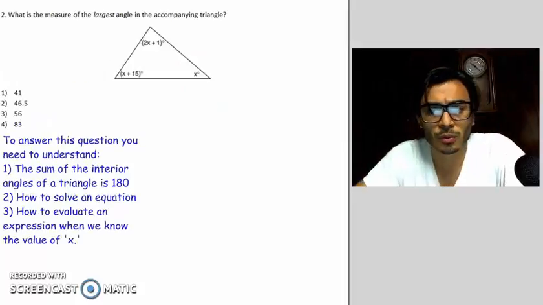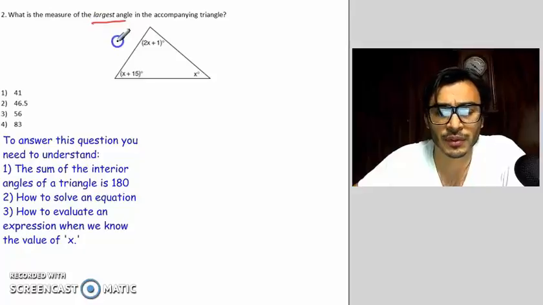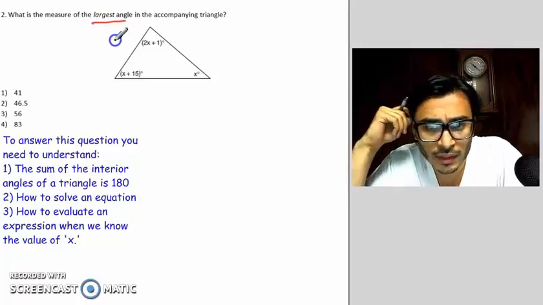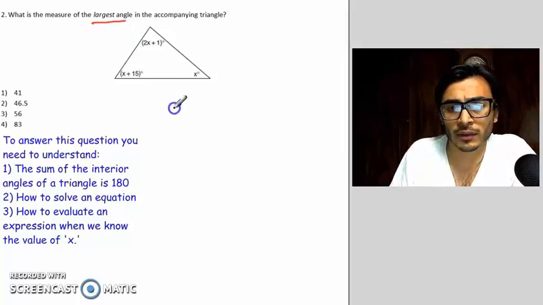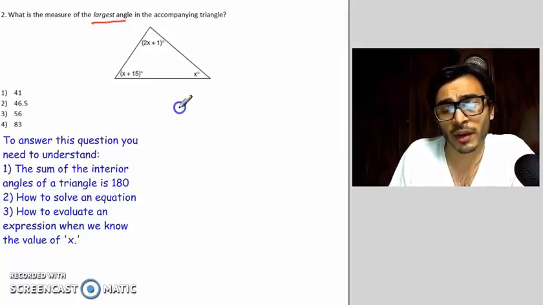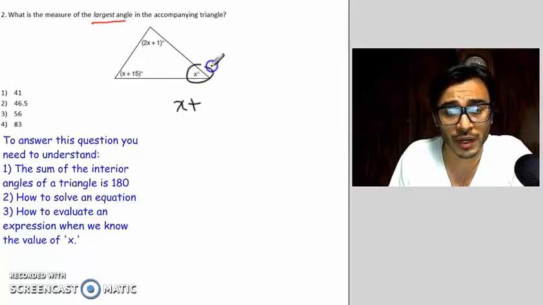All right, number two, what is the largest angle in the accompanying triangle? So the common mistake here that I see is students will try to solve for x, but they will forget to include this one. So just remember that if you're going to solve by writing an equation, make sure you include all three angles.